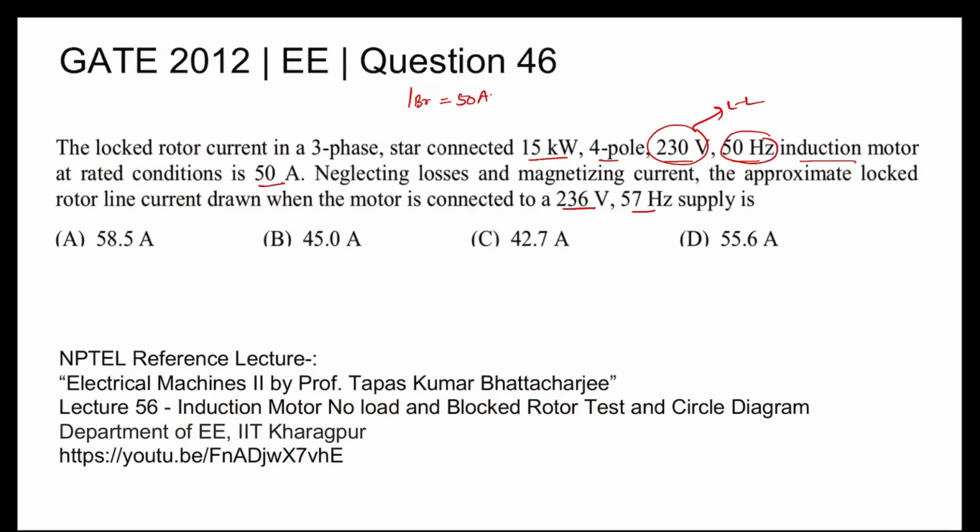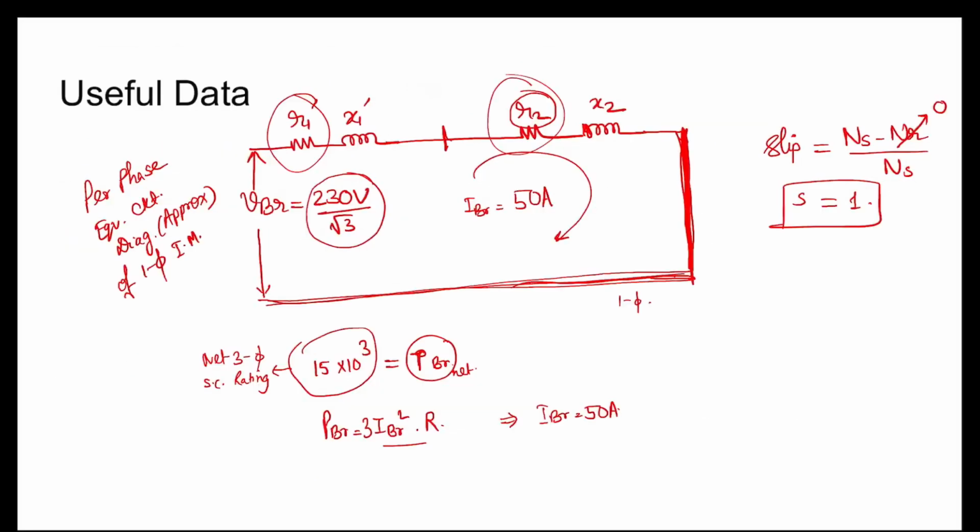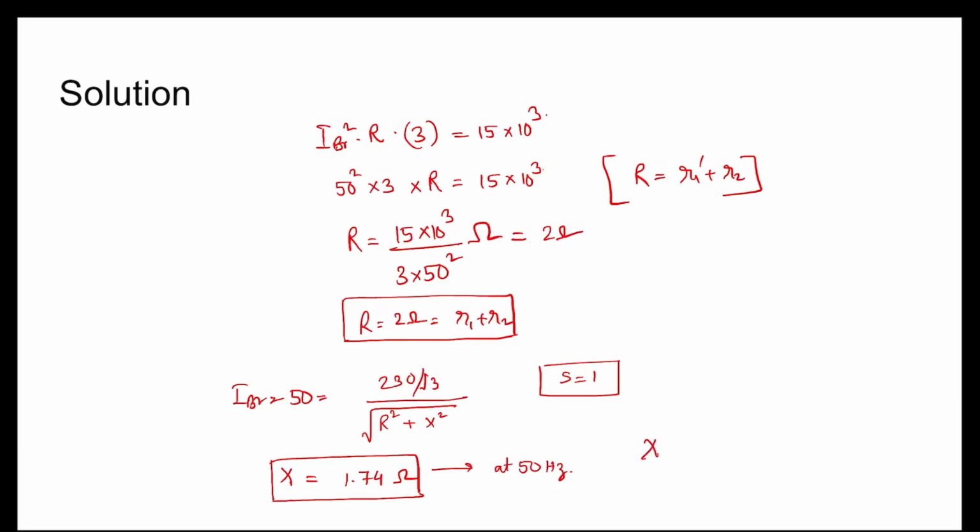Now they are asking 57 Hertz and 236 volts. So X will change. X prime, I am calling X at 57 Hertz, because X is directly proportional to frequency. What is X?